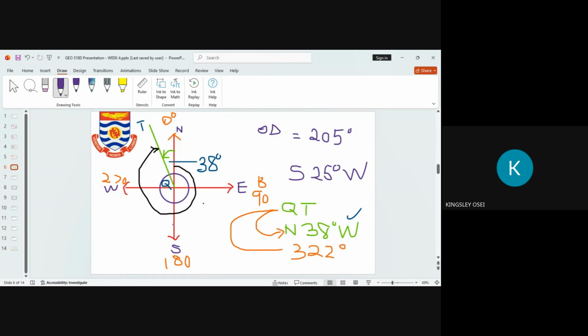Suppose you have a line, and the line is PK. Meaning you are starting from P and ending at K. And the bearing is in the quadrantal: south, 18 degrees.